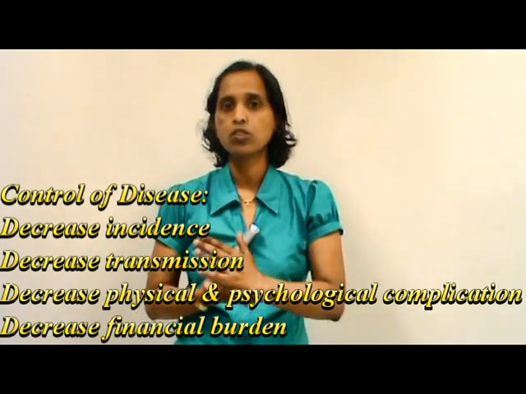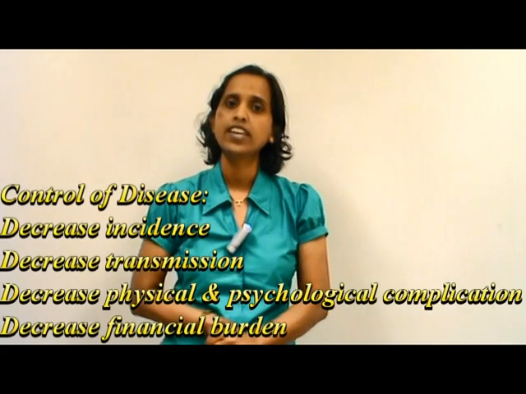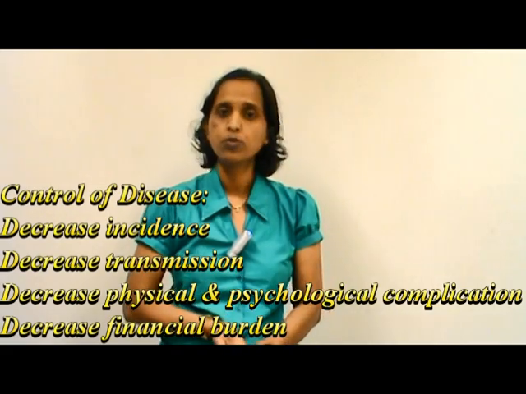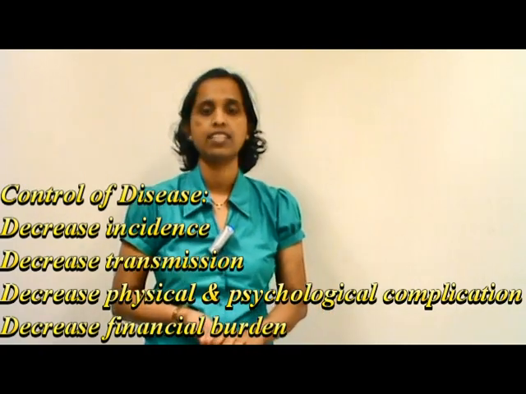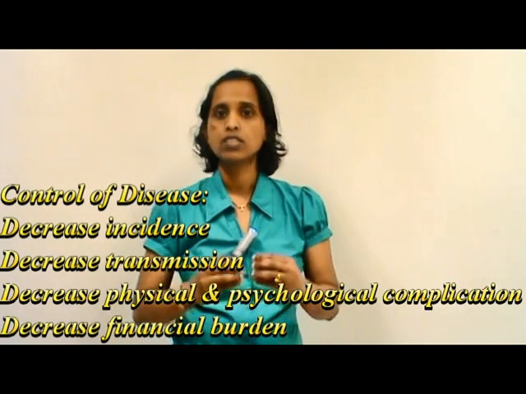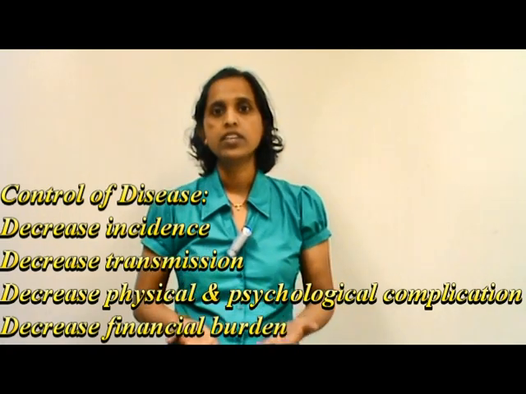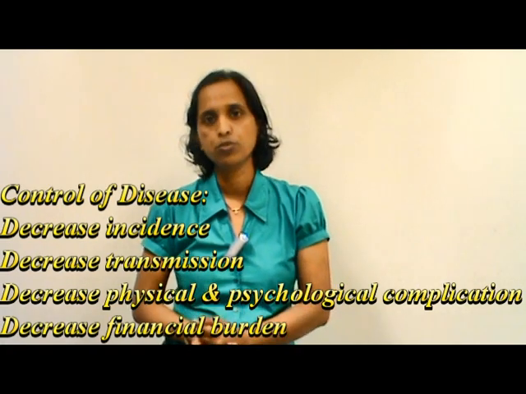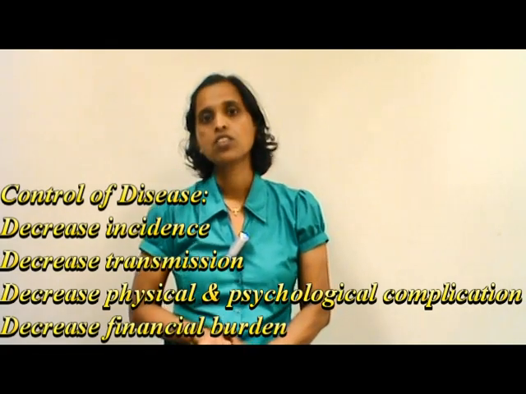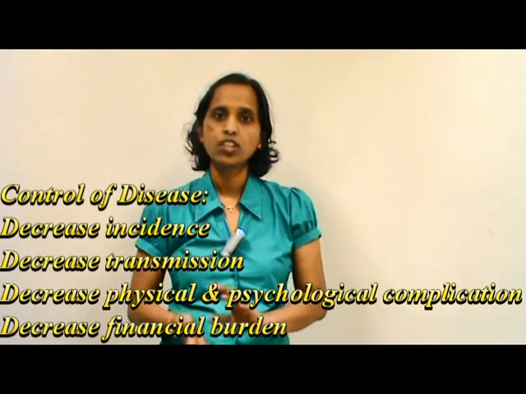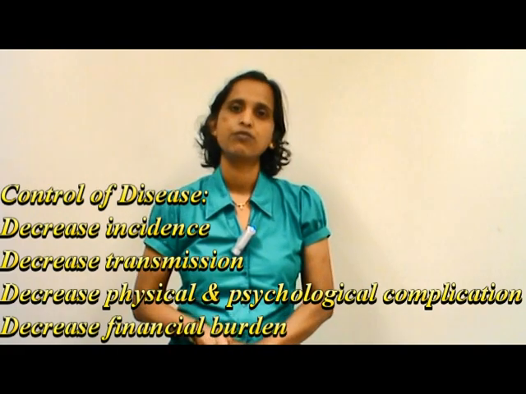So by achieving control, we also reduce the financial burden to the community and the country. The other part of financial burden is that when we are sick, we take absence from our work or regular duties, which indirectly affects the finances of the country. So by achieving control, we can reduce financial burden.